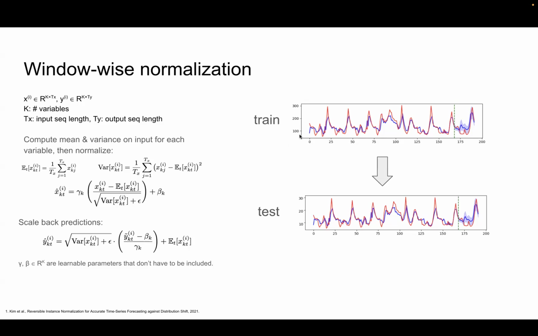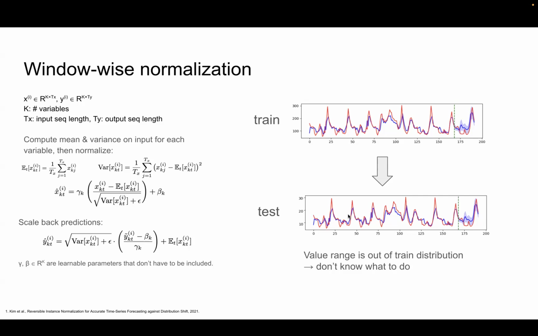And we see that there are very different distributions during the train range versus the test range. If you just input the raw values into the model, maybe you input the 100 to 300 into the model, and all of a sudden at test time, your model sees 10 to 30 instead of 100 to 300. Your model will no longer know what to do.